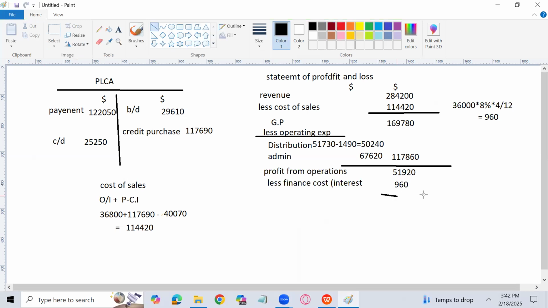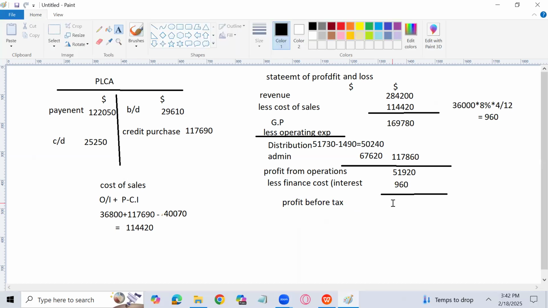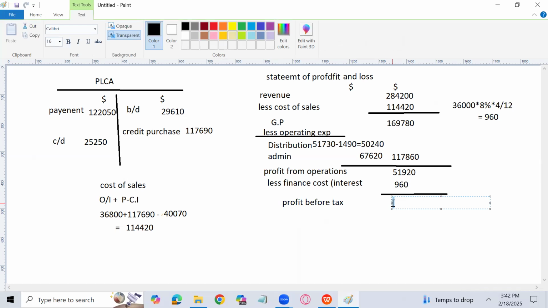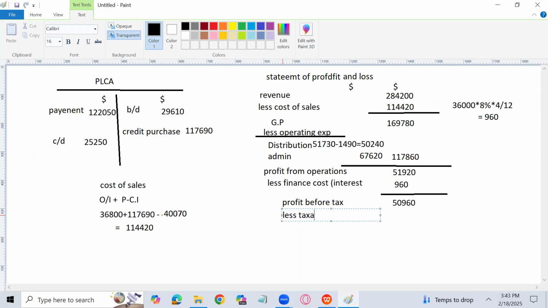Now I will subtract the finance cost from 51920. I will get the amount that is known as profit before tax, or earning before tax, you can call it. What is the amount? 51920, 50960. And then I will deduct taxation, because a company pays tax on the income of the company.